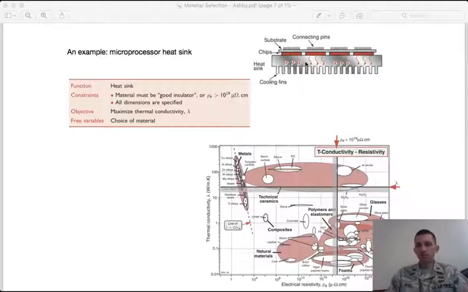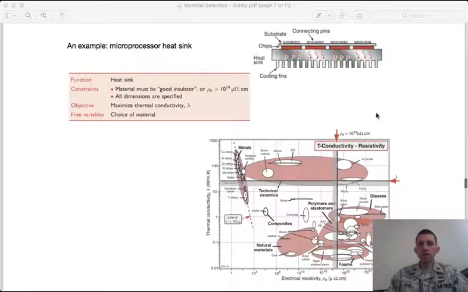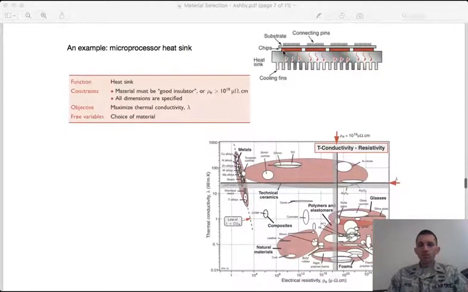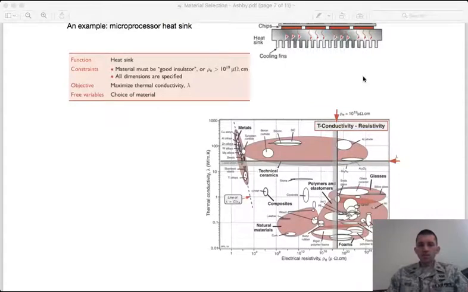Not a thermal insulator, but an electrical insulator, because we want to keep the current flowing in the chip and not drain it away into the heatsink. But it needs to have a high thermal conductivity, right?